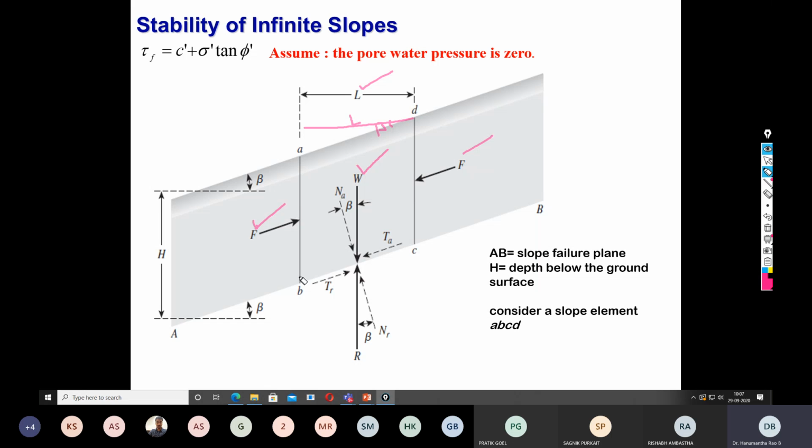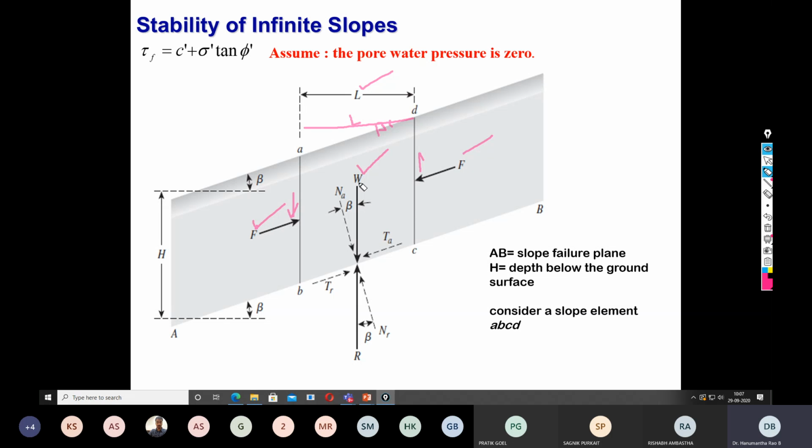Therefore the element ABCD is in equilibrium, so it doesn't have any kind of movement. We are also not considering any shear stresses; that is an assumption. So the first assumption is that the normal forces are equal and opposite in direction, and therefore they are nullified, and no shear stresses are acting along the planes CD and AB. Therefore, the only remaining force component in the element is the weight of the element ABCD.